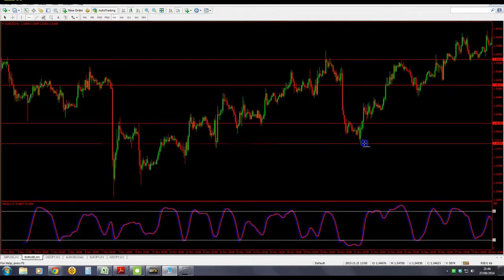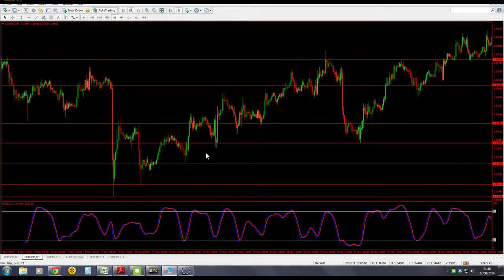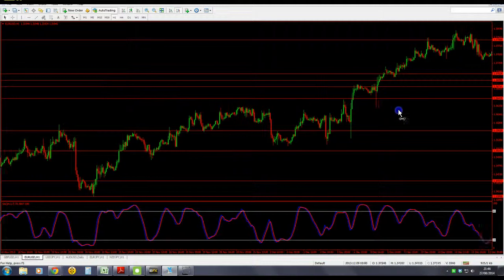It's very simple to draw them, okay? They're not always exact. The price might go through them by a few pips, but that's okay, because if the price comes back through, it's all good and it's still valid.